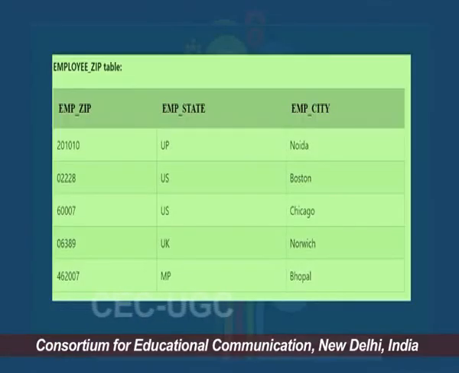In the employee zip table, we have employee zip as the primary key, and employee state and employee city as the two attributes dependent on zip.